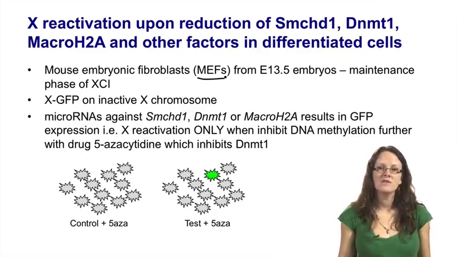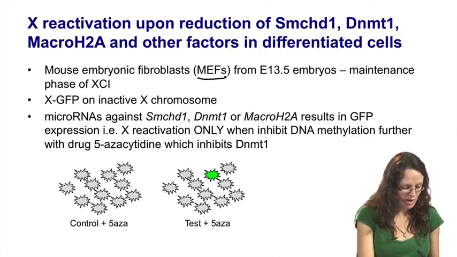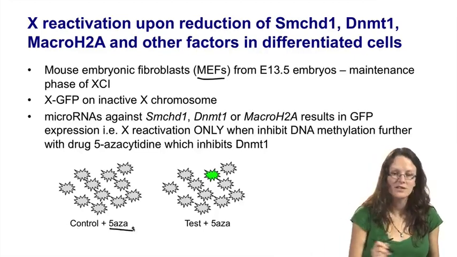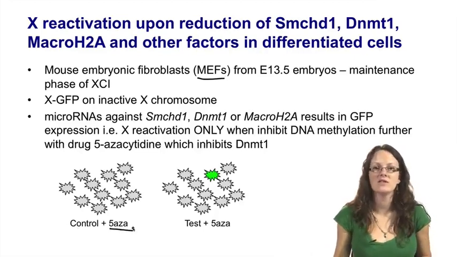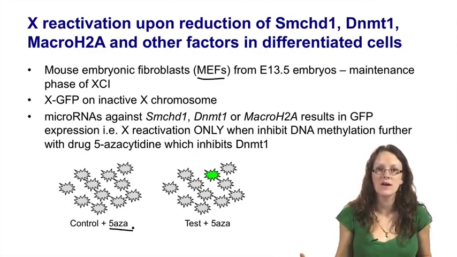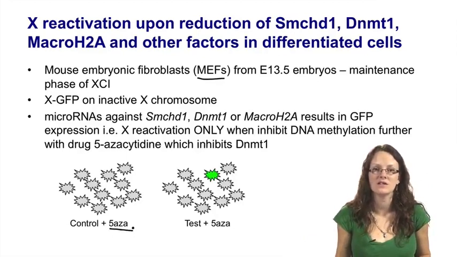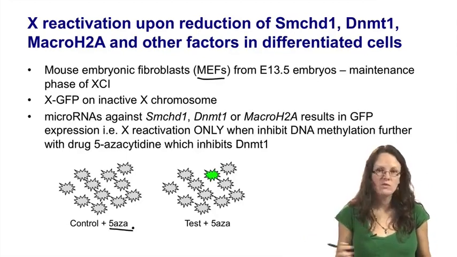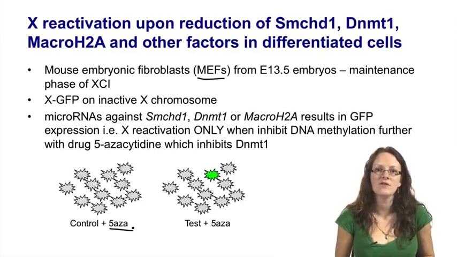So what's found is if you have a control and you add a drug called 5-azacytidine, this drug inhibits DNA methyltransferase 1, and so it inhibits this laying down of the final locking in of the inactive state. And if you do that, you really don't get any reactivation, even though you have destabilized some DNMT1.